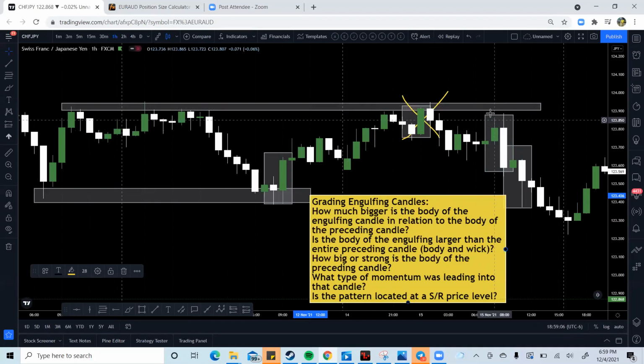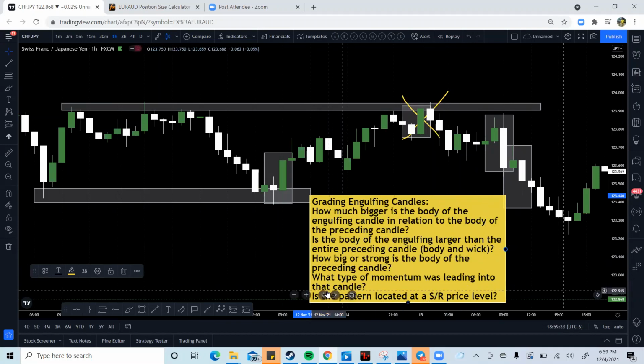So that is a great engulfing candle, because it checks all my questions for an engulfing candle. Like I said, you could use all these 5 questions for the engulfing candle. The last 3 questions here you use for every other candlestick pattern.